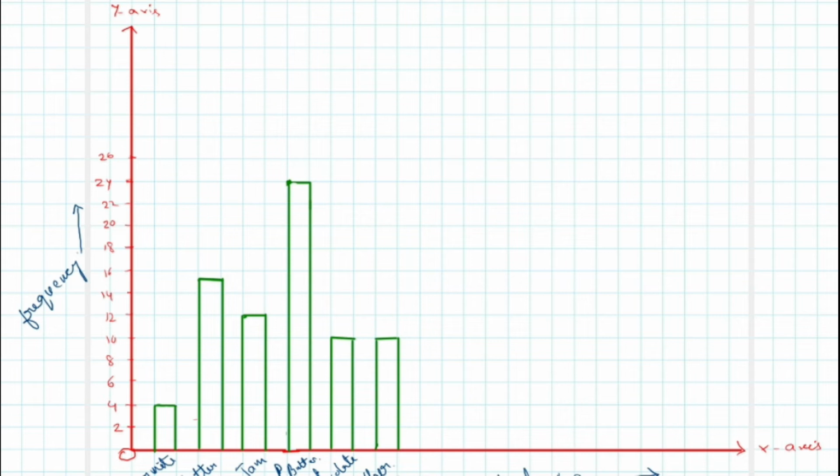Now here we have to write the unit. What unit have we considered here? We will write like this: one box equals 2 units along the y-axis. Along the x-axis we have already mentioned it is toe stopping, no need to write.